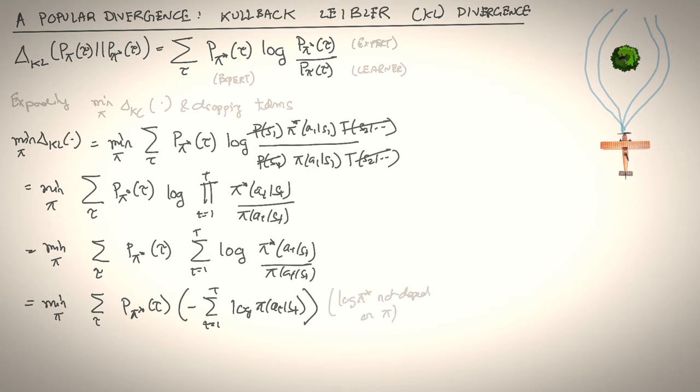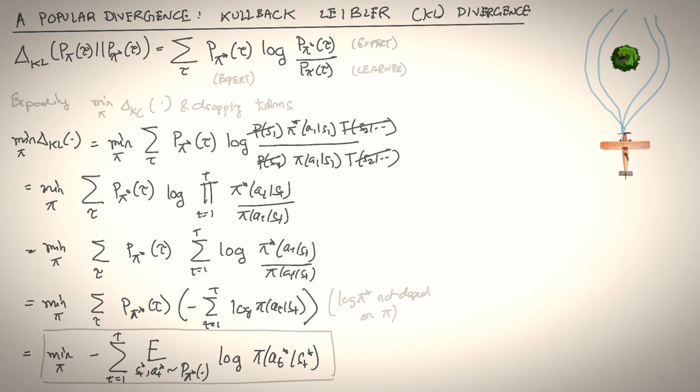Okay, now we can pull both the negative sign and the sum over t equal to 1 to T all the way to the outside and simply rewrite the inside term as an expectation where state and actions are drawn from the expert distribution times log pi of the expert actions. In other words, this is the log likelihood of the expert actions under the learner distribution.